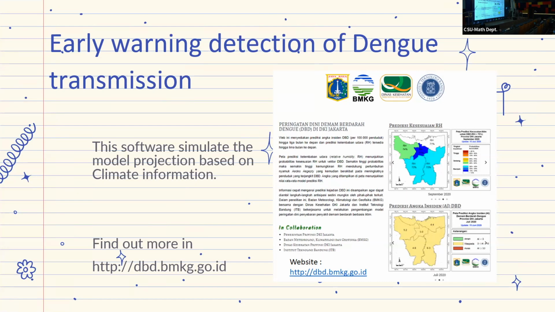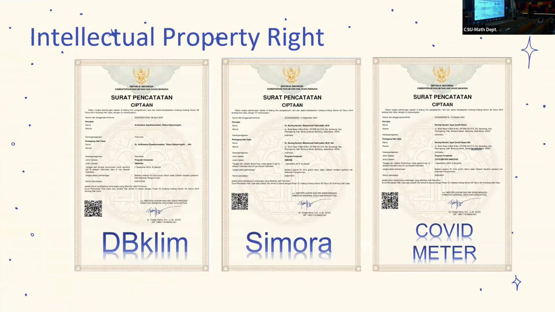The sub-districts look at this updated information, then they execute based on this information. And we have some kind of intellectual property rights for these things. The first is for the climate agency. In the middle is for our computer program, and this is for COVID, a different story.